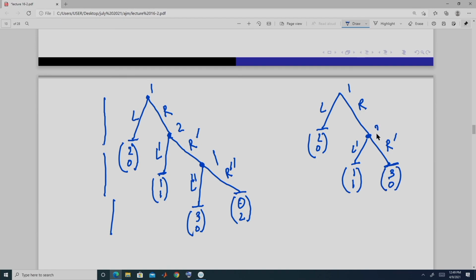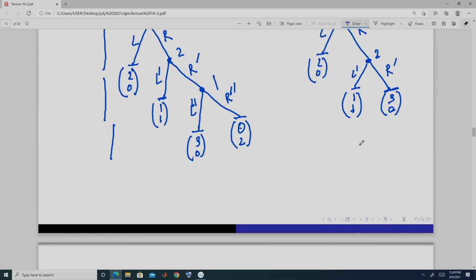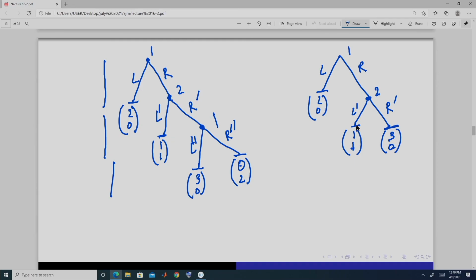Now here player 2 is making a decision. It will compare: if it chooses L dash, it is going to get 1. If it chooses R dash, it is going to get 0. So here player 2 will choose L dash because 1 is greater than 0.